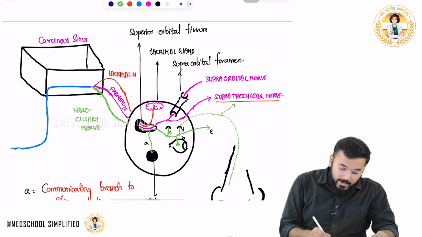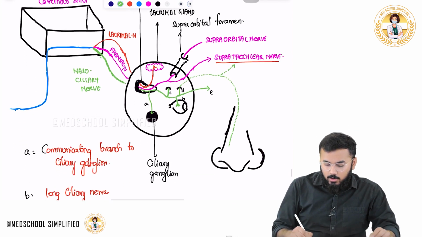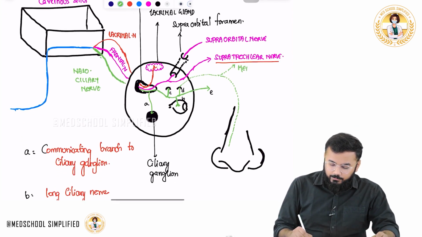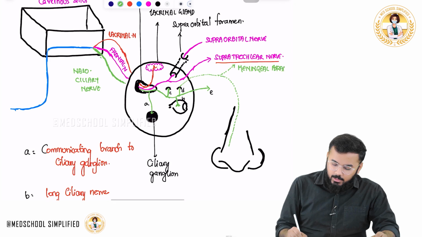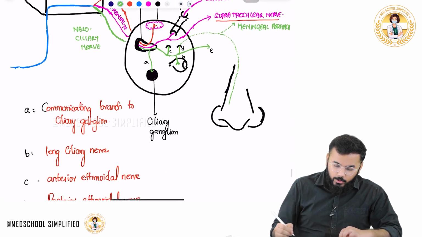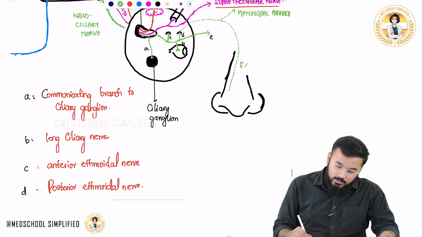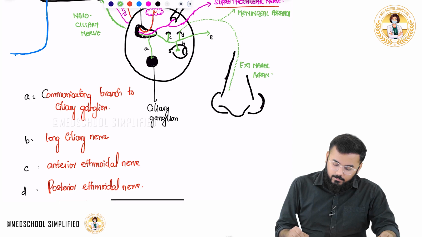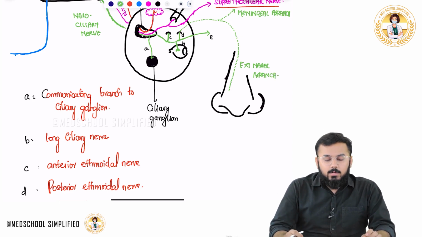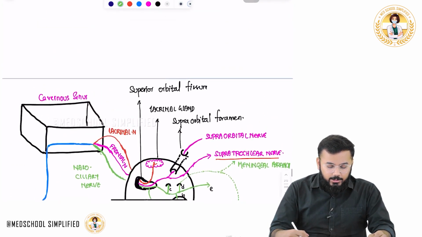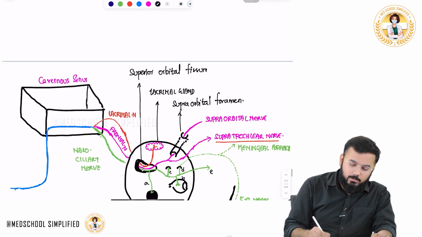The branch that is going up here is called the meningeal branch. And the branch that is going down over here is called the external nasal branch. Okay. So these are some of the most important branches of your ophthalmic branch.